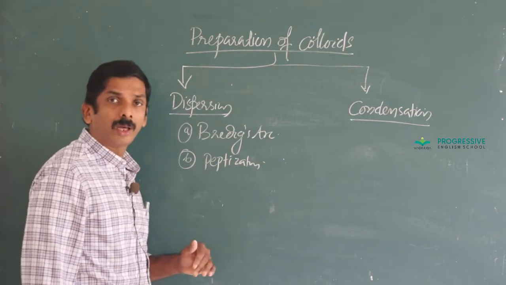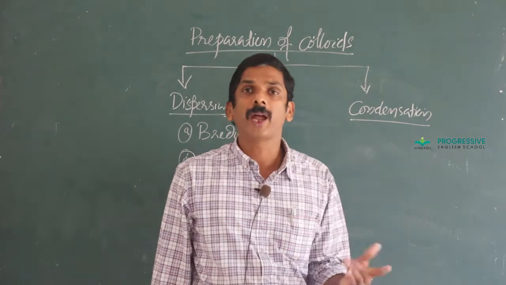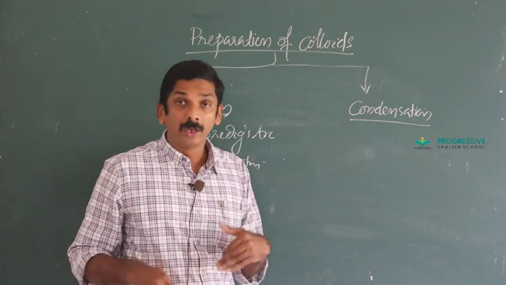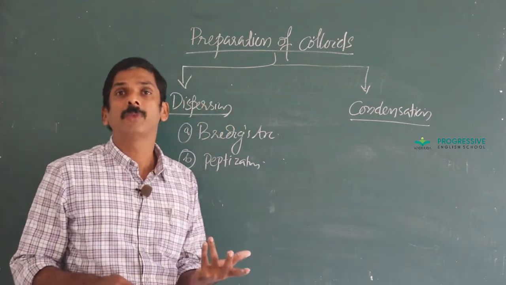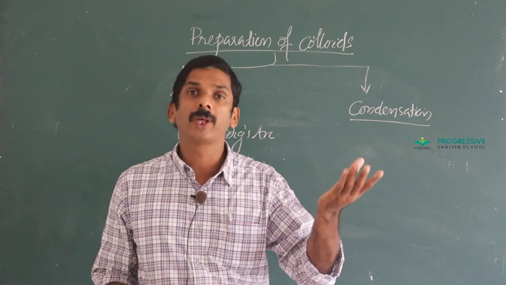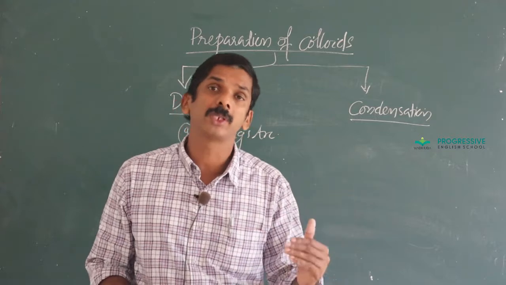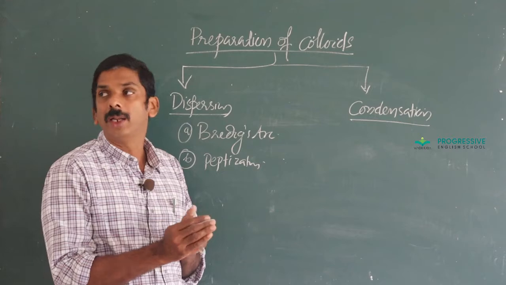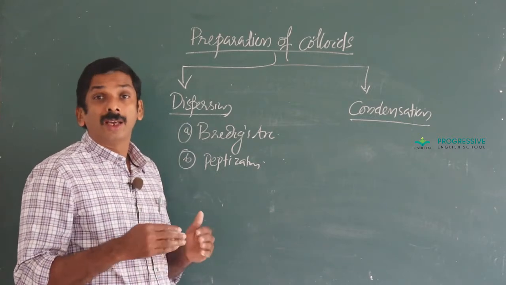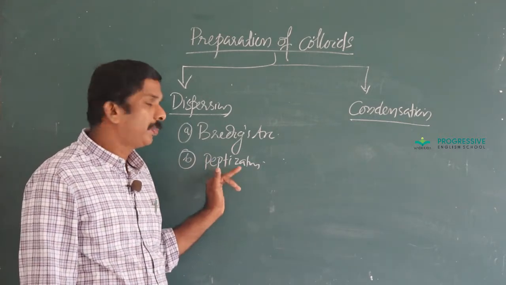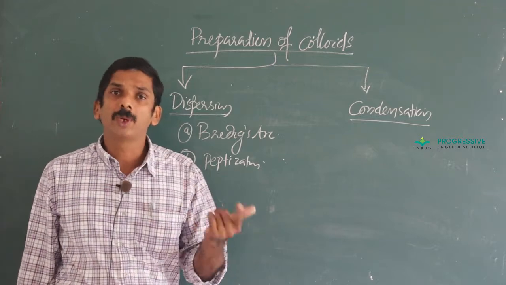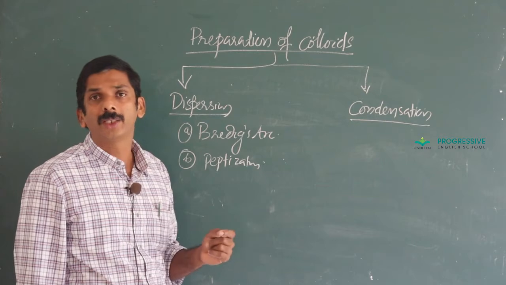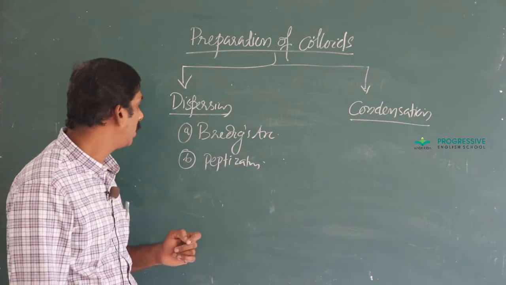In Bredig's arc method, a high intensity electric current is applied between two cold electrodes dipped in water containing alkali. Due to the tremendous amount of heat produced from the arc, the metal vaporizes. At the same time, it condenses into colloid because it is immersed in a freezing mixture. Alkali is added to stabilize that colloid. Peptization is when a suspended particle or a precipitate is converted to colloidal particles, and the reagent used for that conversion is called a peptizing agent.